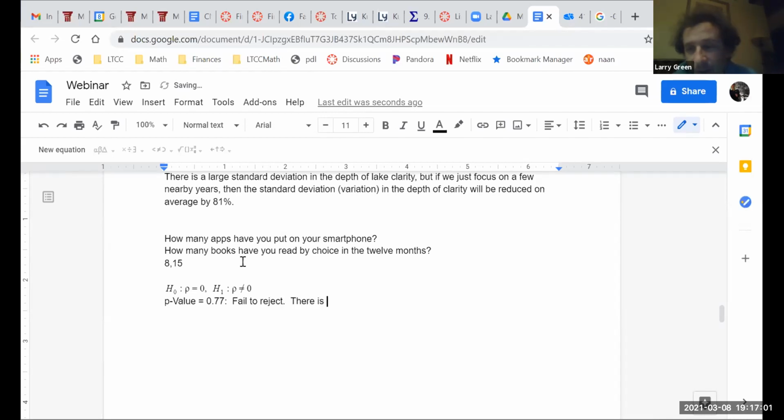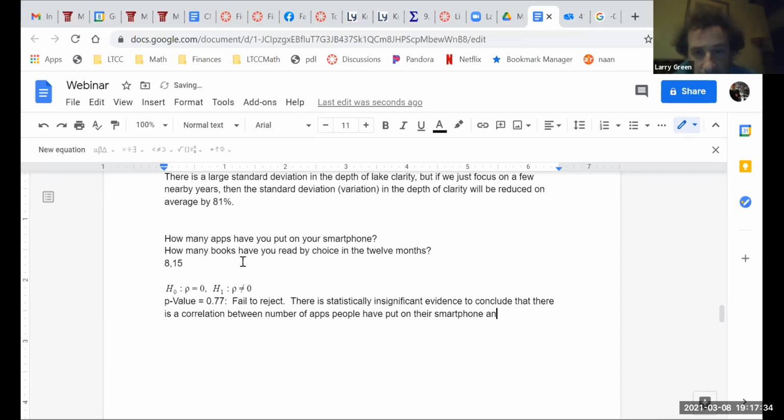So there is, and hopefully you're used to this, statistically insignificant evidence to conclude that there is a correlation between the number of apps people have put on their smartphone and the number of books they have read by choice in the past 12 months.